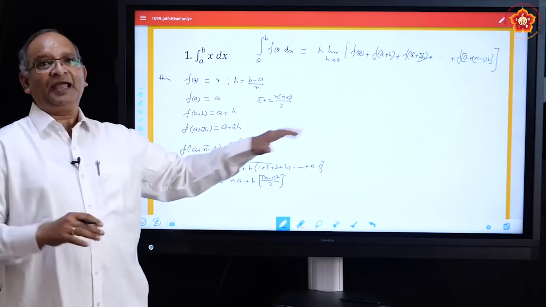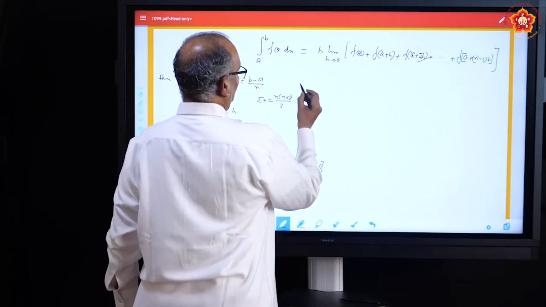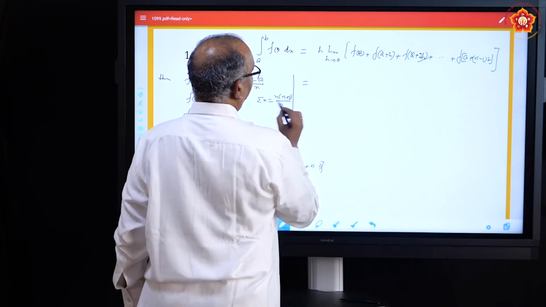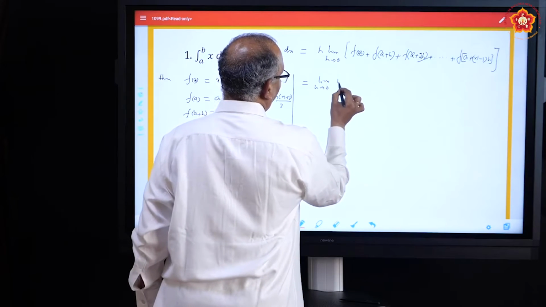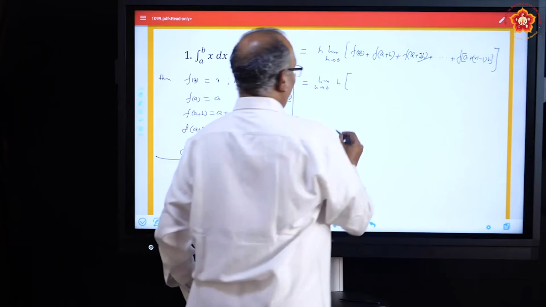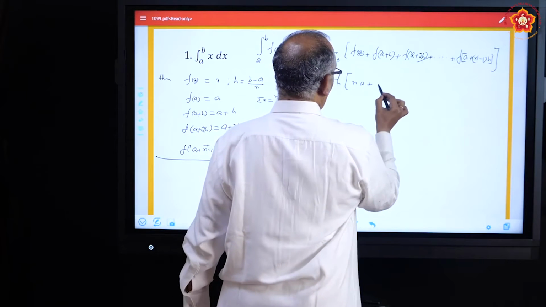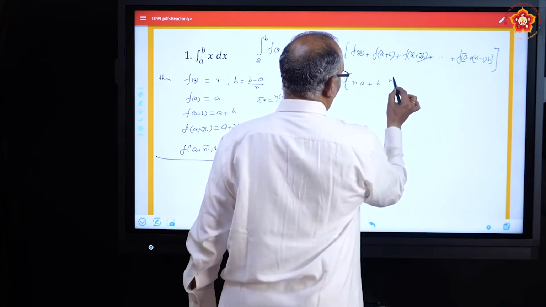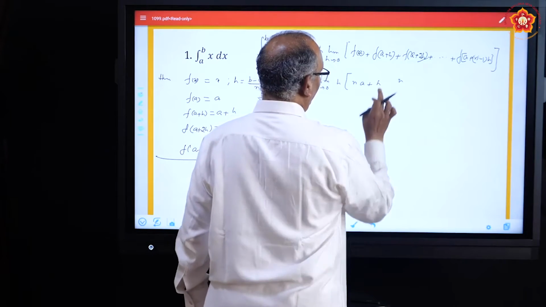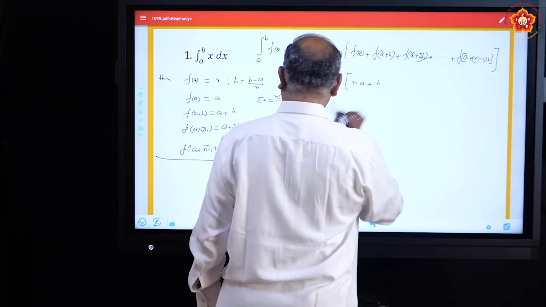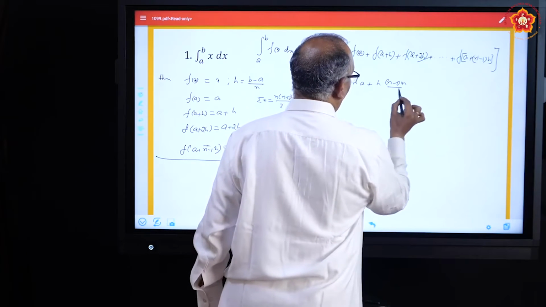Just substitute these values and simplify by taking limits. You will get the answer. So let us do that. This is equal to the limit as h tends to 0 of h times, and then what did we get? na plus h into n square minus n, we will not open, we will just write it as it is, n minus 1 into n by 2.